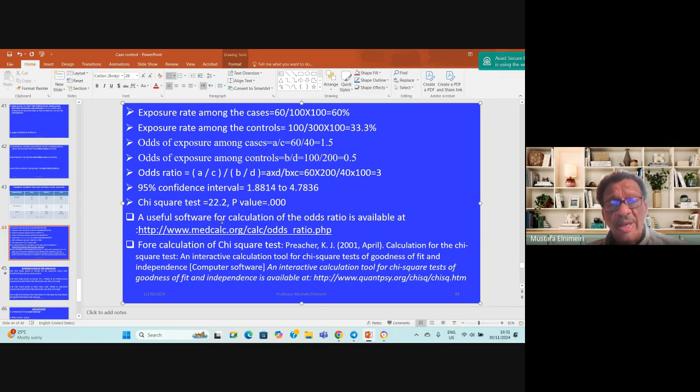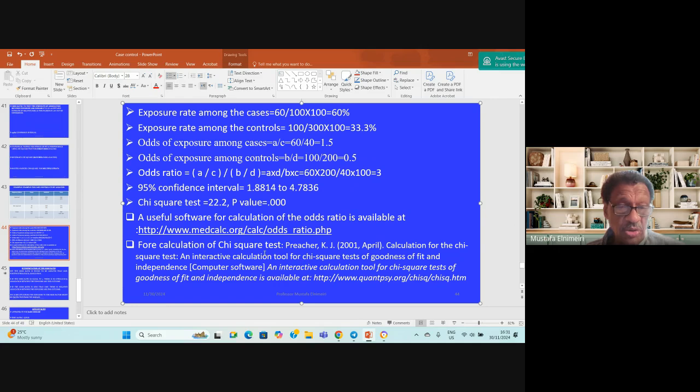We can use software for calculation of the odds ratio, which is available at the following website address, MedCalc. And we can also use other software for calculation of the chi-square, which we can find at this website address.